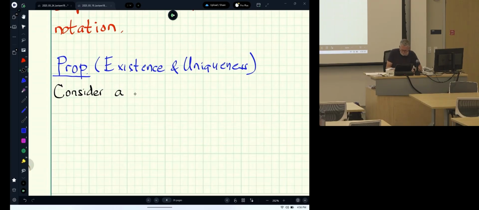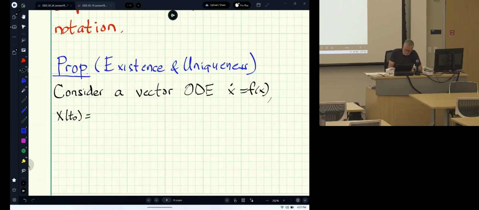So consider a vector ODE. X dot equals f of x, where I've dropped time as I promised. And we set some initial time and some value. And to let you know it's a vector, I'll underline that the initial condition is in Rn.